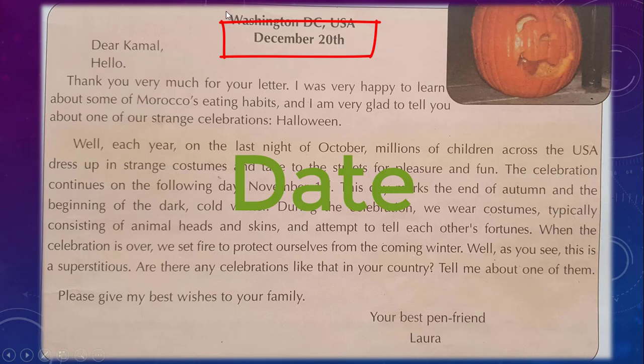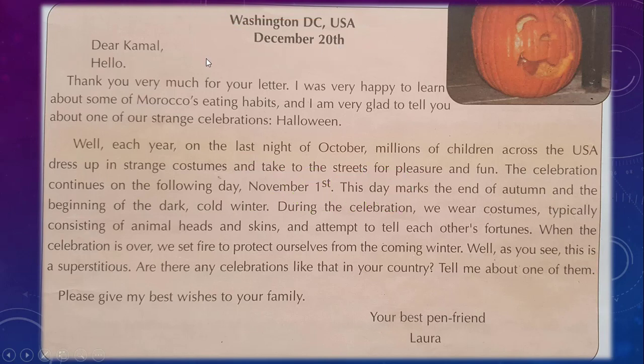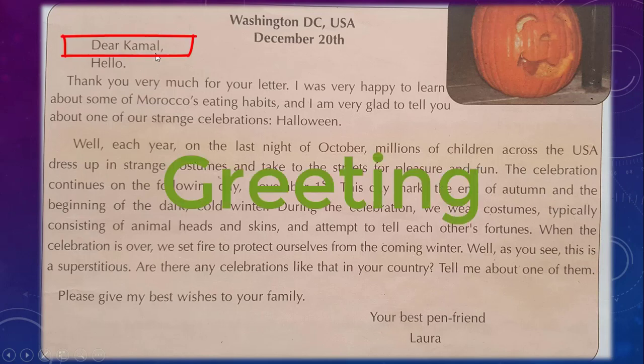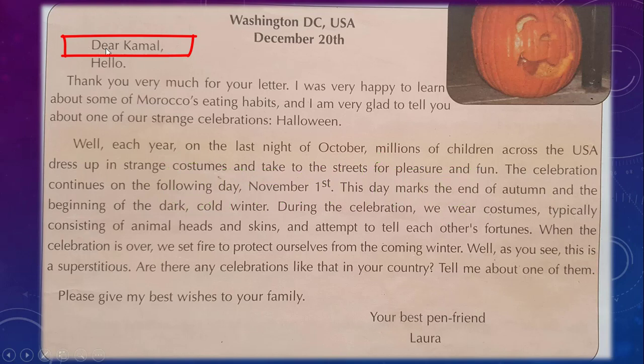They come at the top of the letter. And on the left, here you have Dear Kamal, which is the greeting that we talked about in the last slide. Kamal is the name of the person to whom you are going to send the letter.